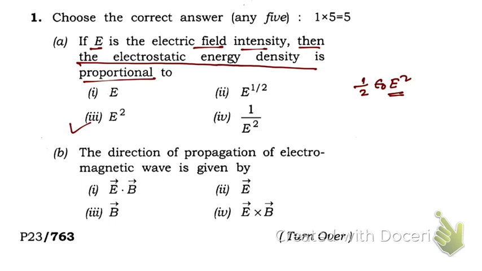Now the direction of propagation of an electromagnetic wave is given by. Now you see, if the electromagnetic wave is propagating in this direction, then the electric field varies in this way, and the magnetic field varies in this direction, which is perpendicular to the electric field.